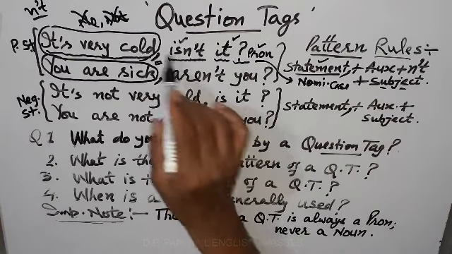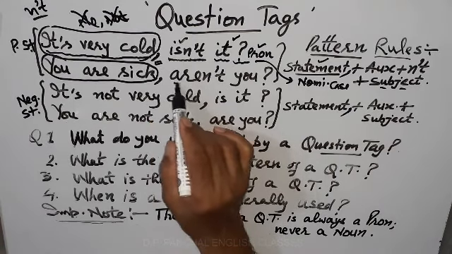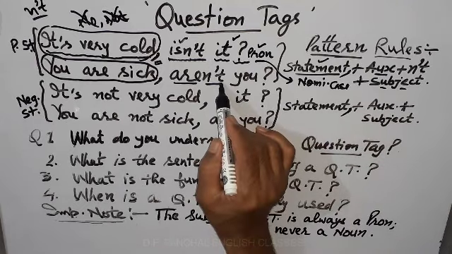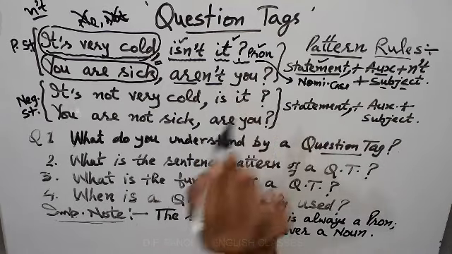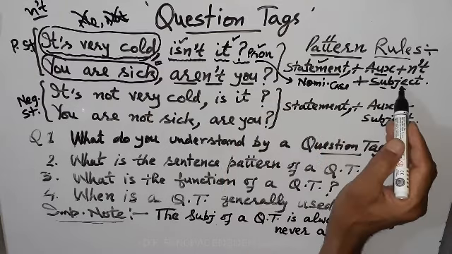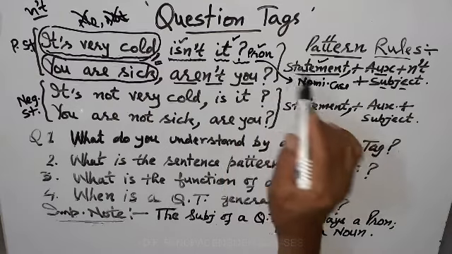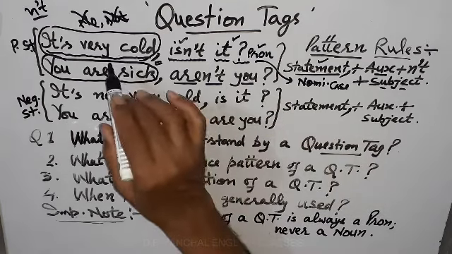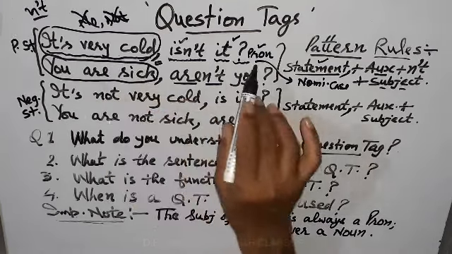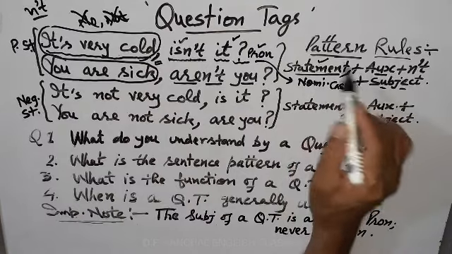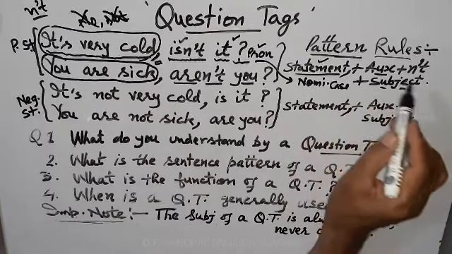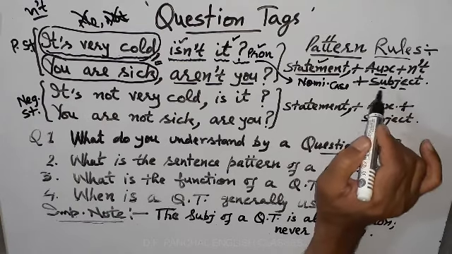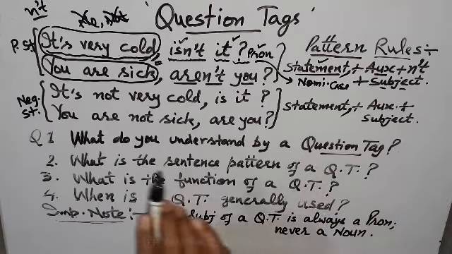In the similar way, again there is an auxiliary plus contracted form of not, and then again in the same way subject in the nominative case, always a pronoun, right? These are two sentences in a pair having the same pattern, statement plus auxiliary plus contracted form of not plus subject in the pronoun case, nominative case, right?